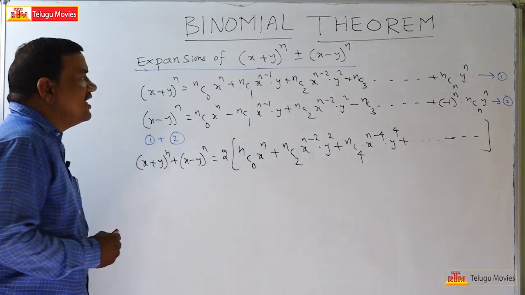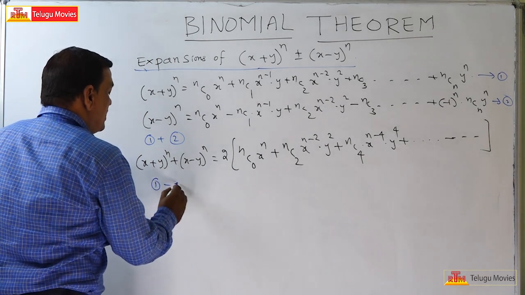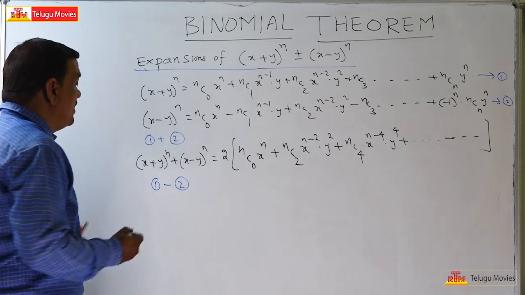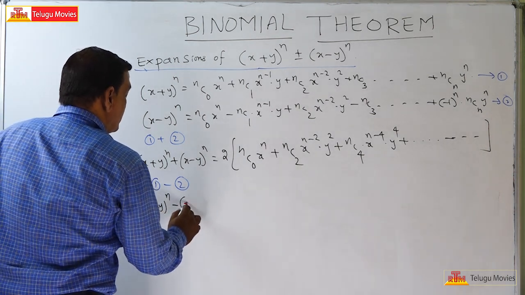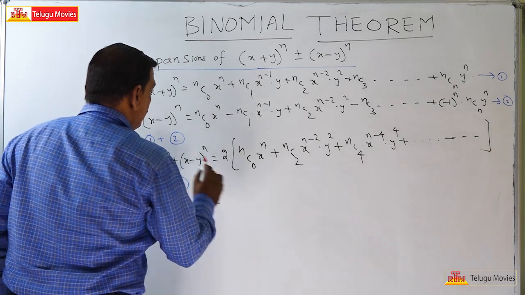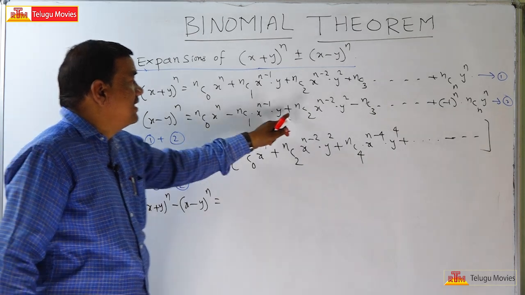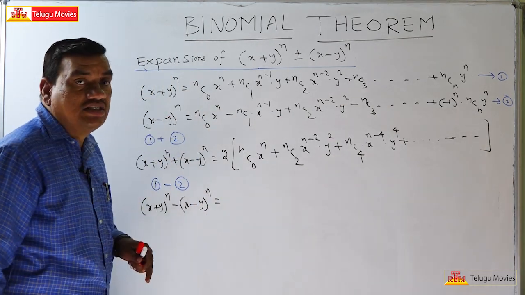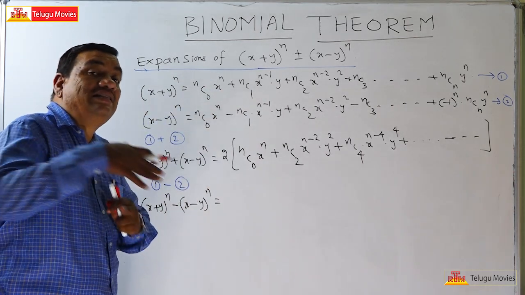Now, let us see the subtraction, that is first minus second. Here (x + y)^n - (x - y)^n. If you subtract, you get minus plus like that. Here nC0 and nC0 will get cancelled. What remains? nC1, nC1, nC3, nC3.